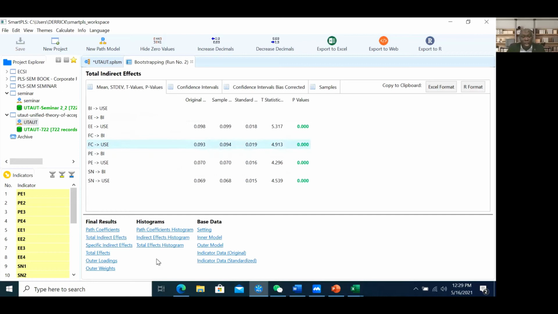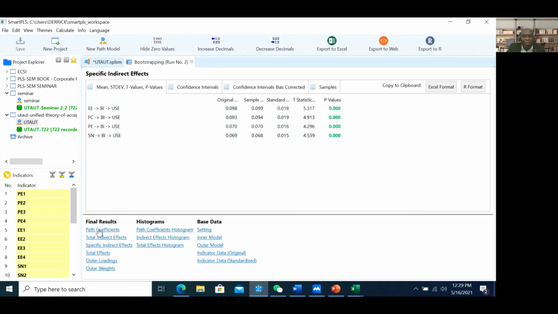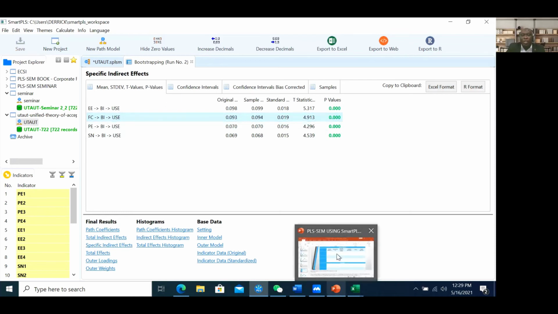You can also get the whole mediation from the specific indirect effects. We are looking for the mediation between FC, BI, and then use. You can just get it from here, straightforward. FC to BI to use has a positive effect. Now, how do you assess mediation?